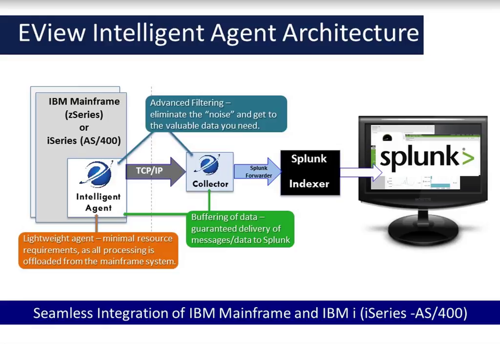And if not, then the agent can either retry that data, or if the connection is not available, the agent will buffer that data and hold it until the connection is established, and then deliver it to the collector. So for data that you're collecting and depending on getting into Splunk, we have very high reliability of getting that data, based on the different protocols and buffering techniques that we use to get that data over into Splunk.